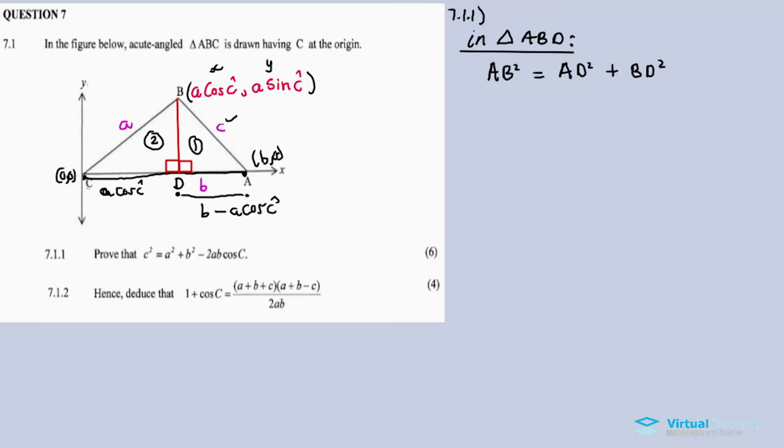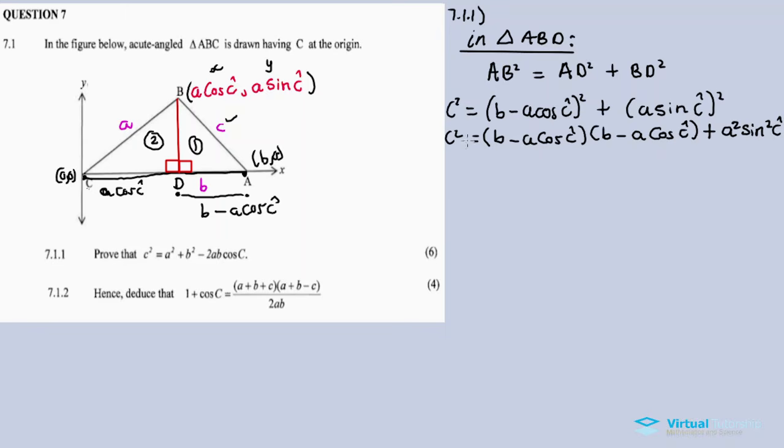Therefore, the coordinate BD is in fact the y coordinate. Now let's substitute again. C squared is equal to (B minus A cos C) squared plus (A sine angle C) squared. Since this is squared, we have two brackets here. Since we have a binomial, I need to create two brackets, so we'll have something like this: C squared is equal to (B minus A cos C)(B minus A cos C) plus this bracket.